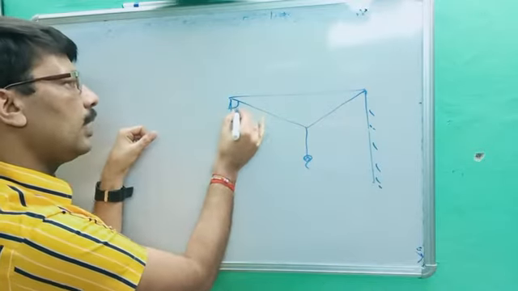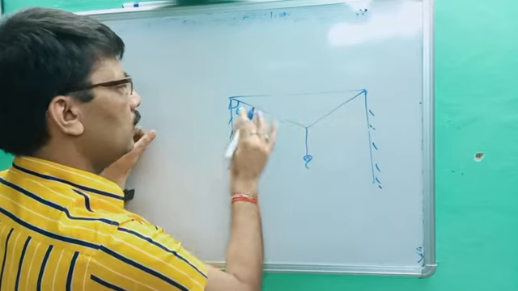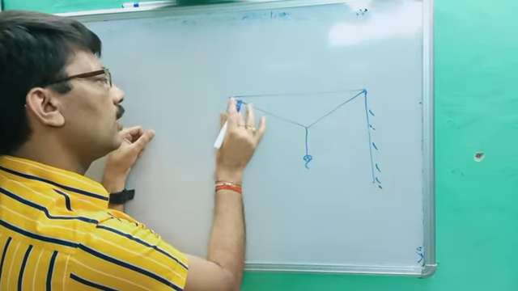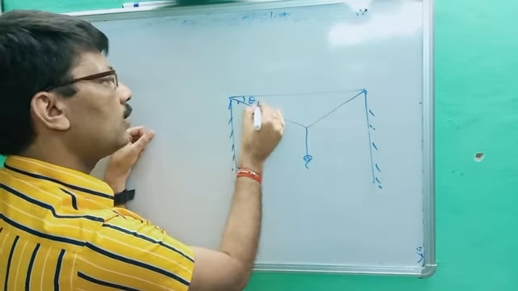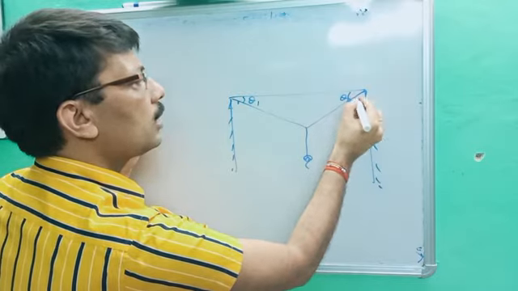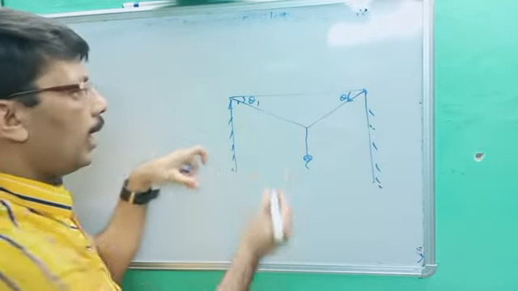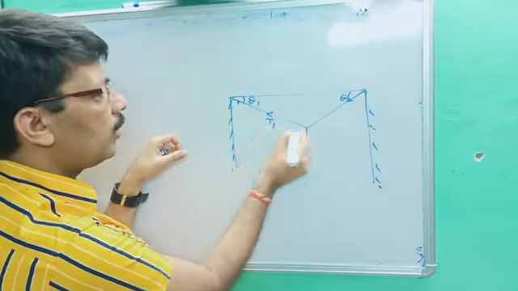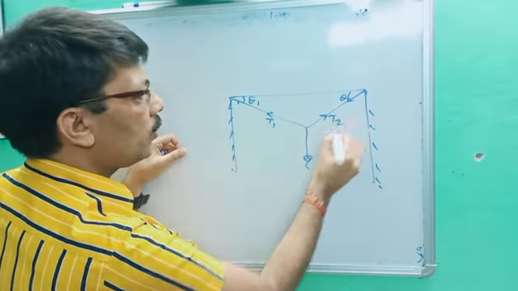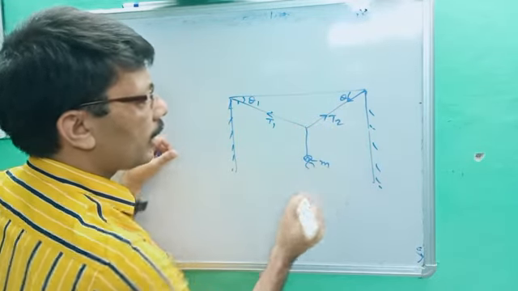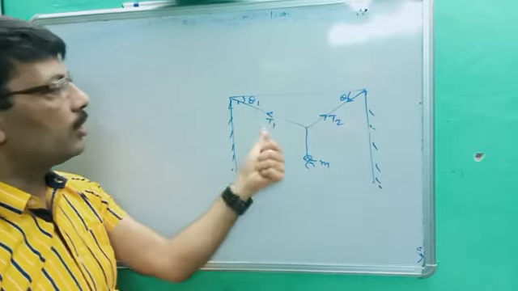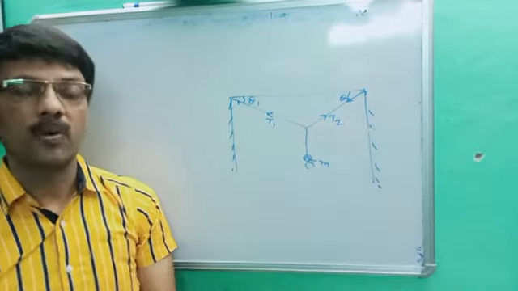Let's suppose this angle is theta 1, and you can take any angle. And this angle is theta 2. It will bend, and its tension is T1 and T2, and the mass of the monkey is M. If I ask you to find the value of T1 and T2, it is a very critical problem.